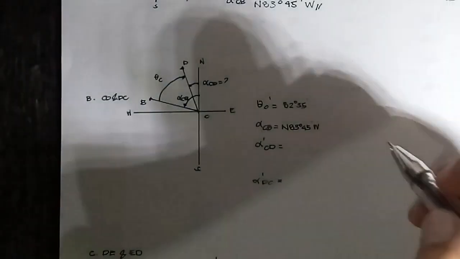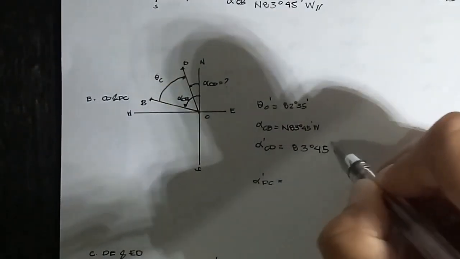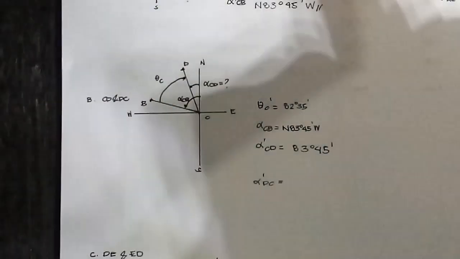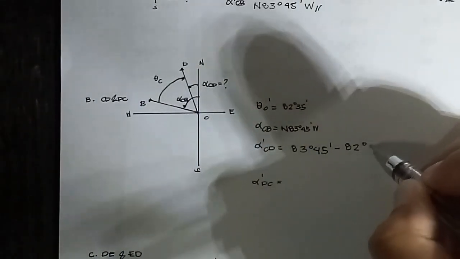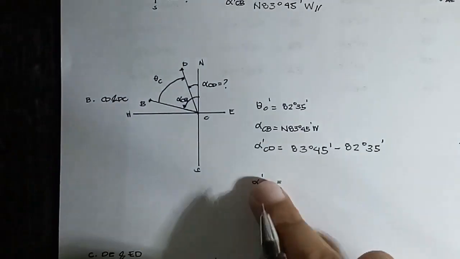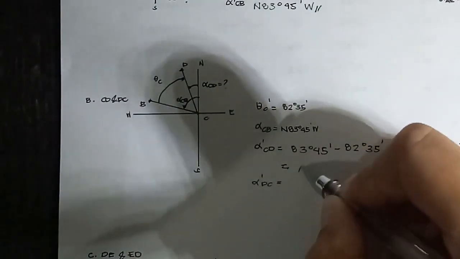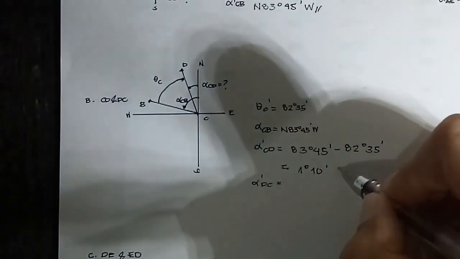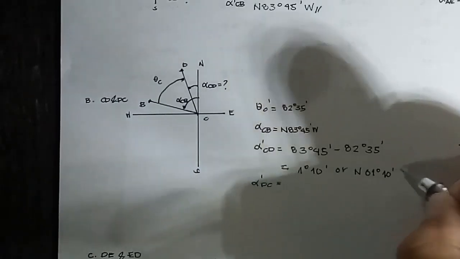So, yung adjusted bearing ng CB, which is 83 degrees and 45 minutes, isosubtract natin doon yung ating interior angle at C, which is 82 degrees and 35 minutes. So, ang kalalabasan niya is 1 degree and 10 minutes or north 1 degree 10 minutes west.